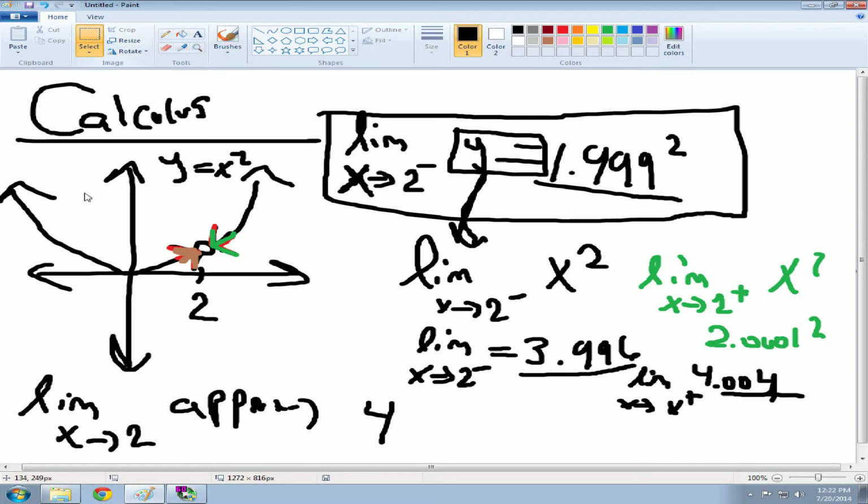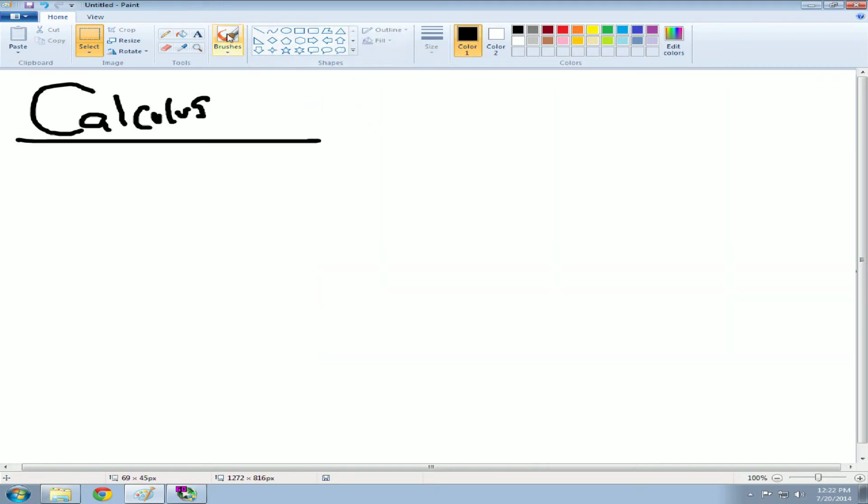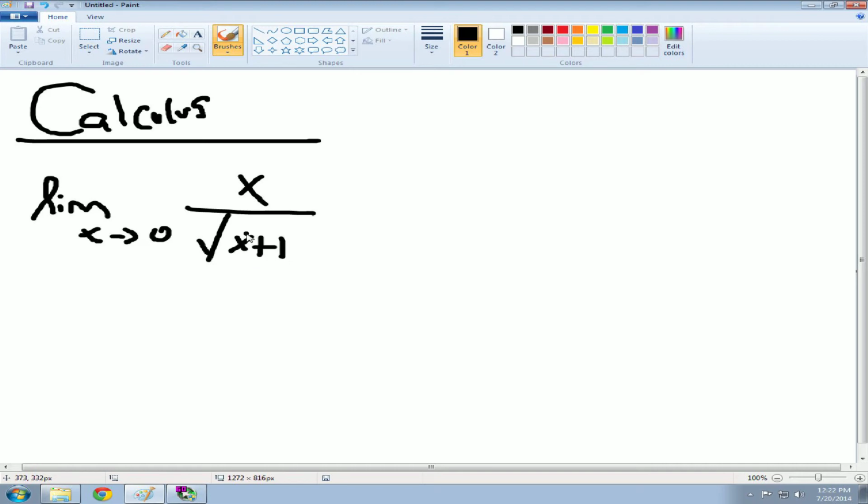So let's do a more complicated one where it's not as easy to see. So we're going to do a different limit, and we're going to say, okay, well, what about the limit as x approaches 0 of x over the square root of x plus 1 minus 1.